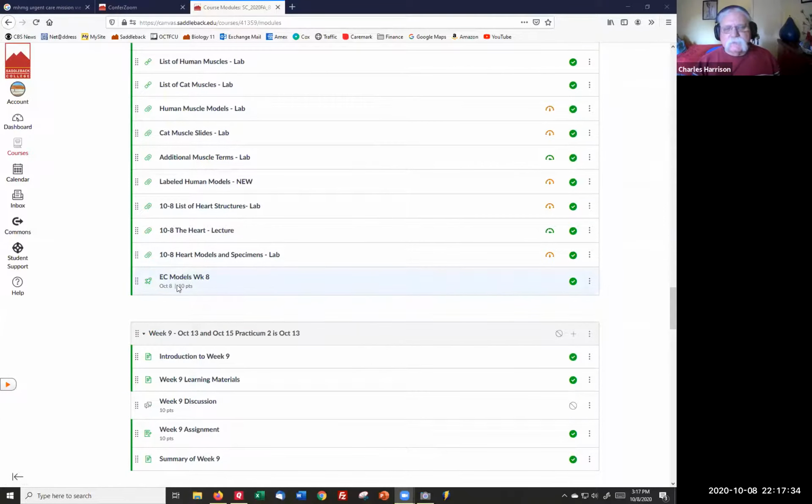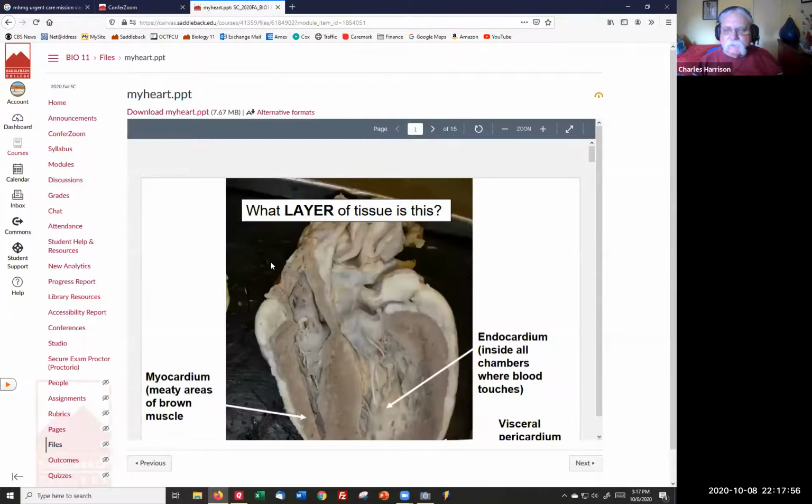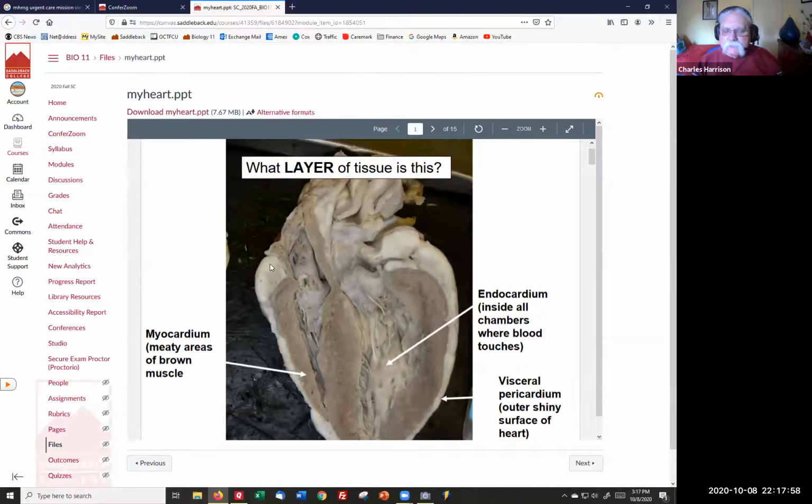Okay, here's where we just were. Now, where we are going to be is right above it: 10.8 today, the heart model and specimens lab. This one was actually put together, this picture, by a student.